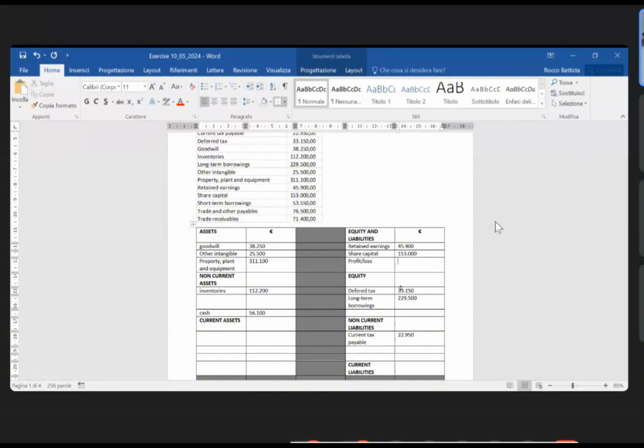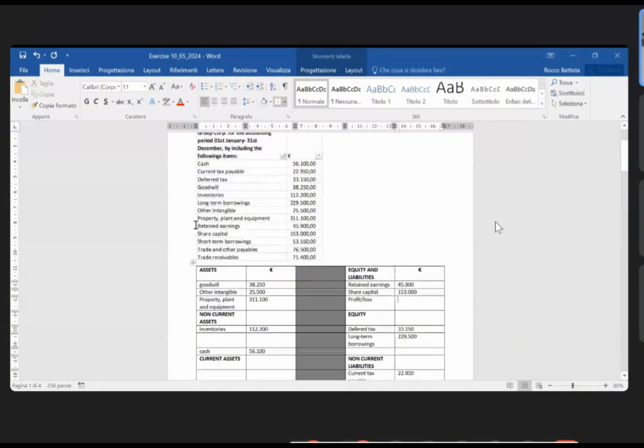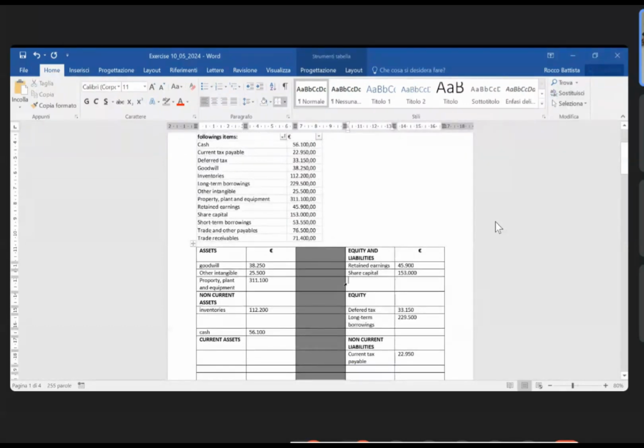If it's a profit it's plus, if it's a loss it's minus the loss of the current year. It's just an example, but remember, because sometimes I put profit or loss inside your exercise.